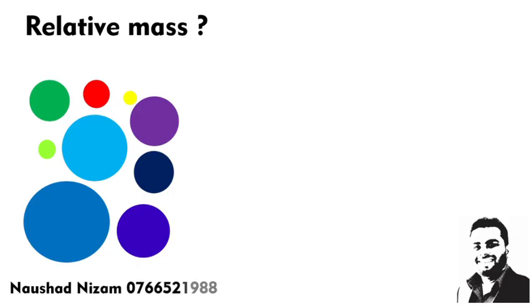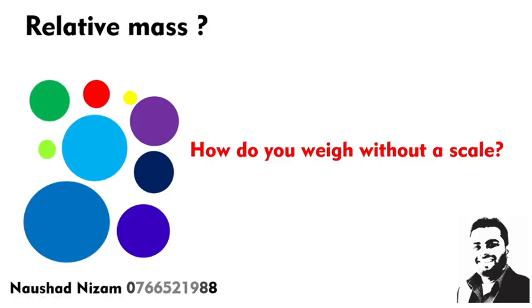For example, to understand the word relative mass, or relativity, you can observe certain objects or balls. We take as examples balls with different masses and sizes, shown here. If I ask you to weigh these objects when you don't find a scale, how do you measure them?